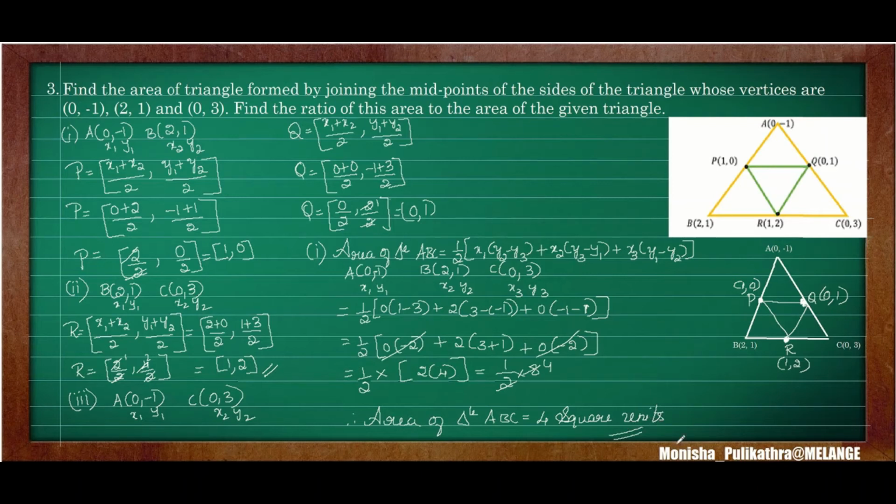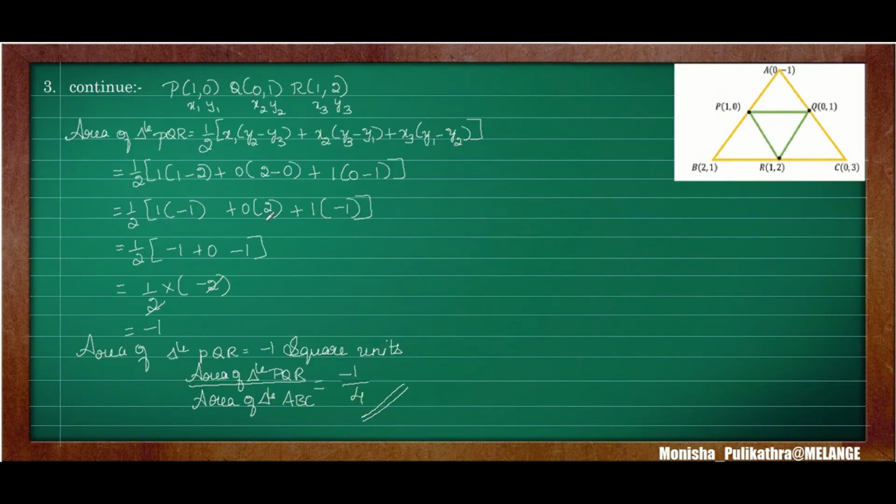So 4 square units. Now we need to find out the area of triangle PQR. Okay, PQR or PRQ. Let us continue. This will be the case if you take PQR in a sequence. If you take PQR, then the area of the triangle will be -1.